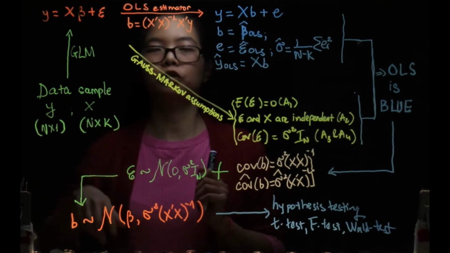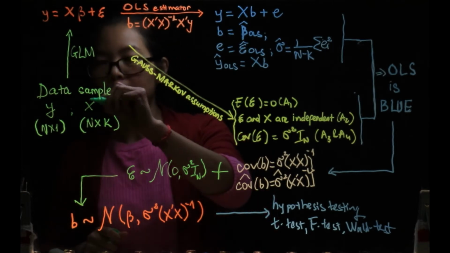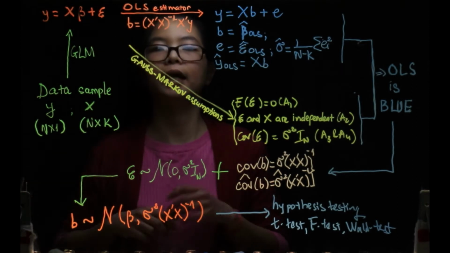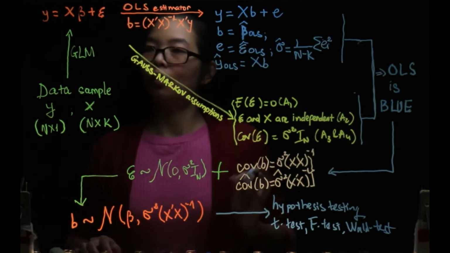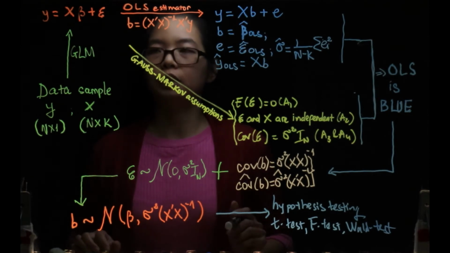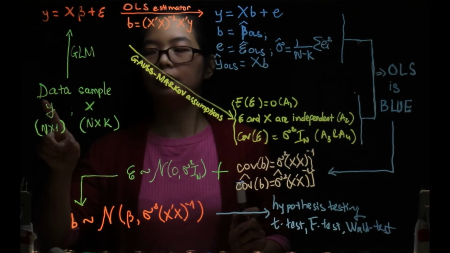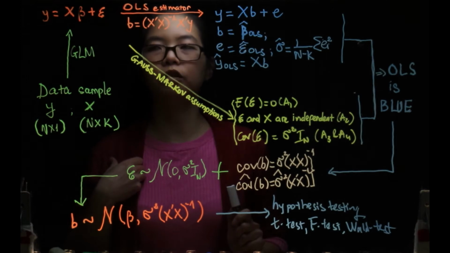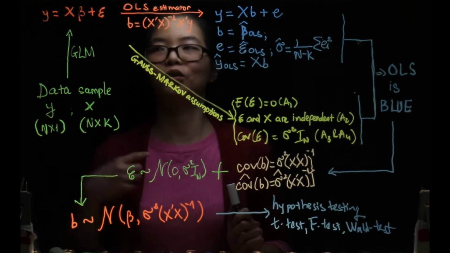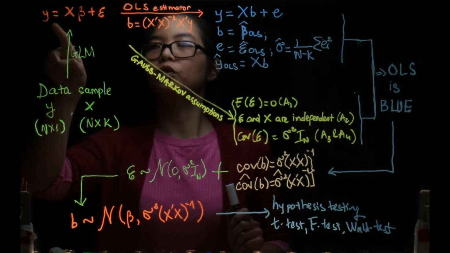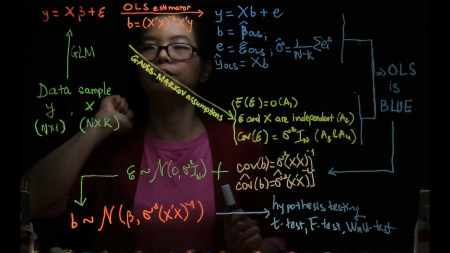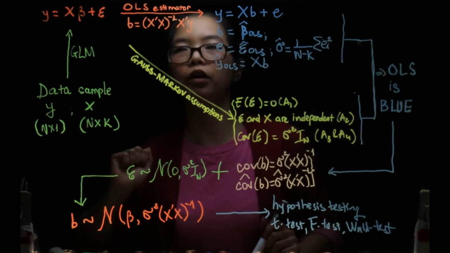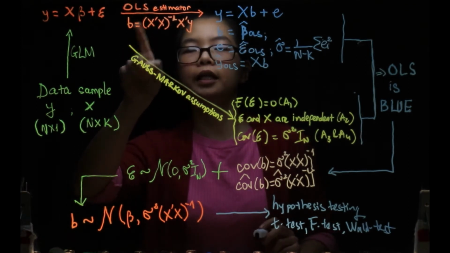Then we also have some potential explanatory variables collected in an X matrix, again n observations and k potential variables. We assume that we would like to explain y upon X using some GLM, generalized linear model. So the model has the form y equals X times a set of parameters beta plus epsilon. Nothing new over there.